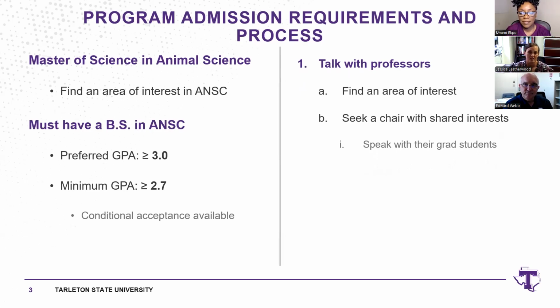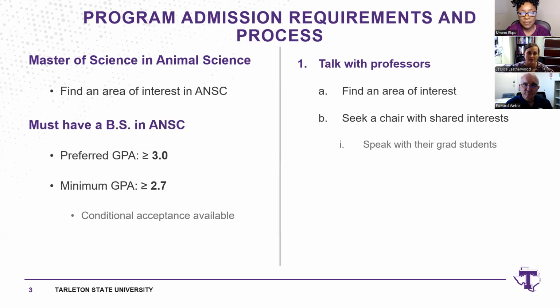As a student that might be interested in this program, it's very important that you find an area of interest to which you want to continue your education in. The requirements for the program include a Bachelor of Science in Animal Science and a preferred GPA of greater than or equal to 3.0 and a minimum GPA of at least a 2.7.